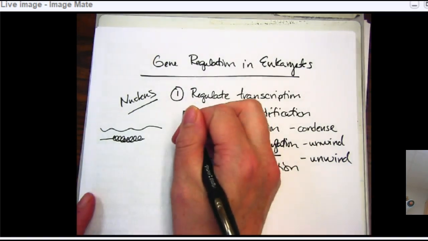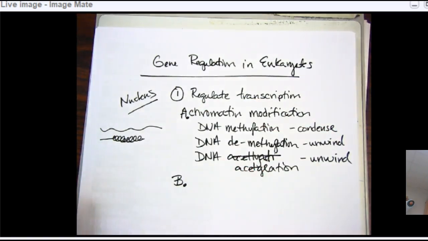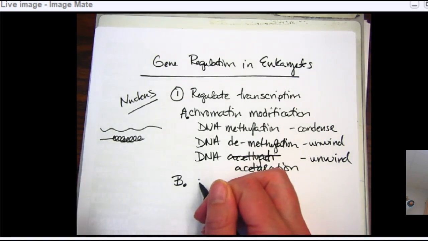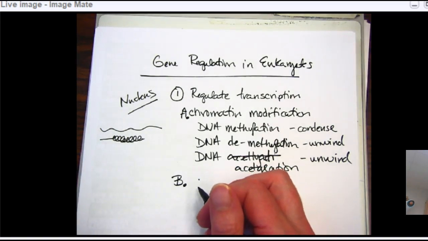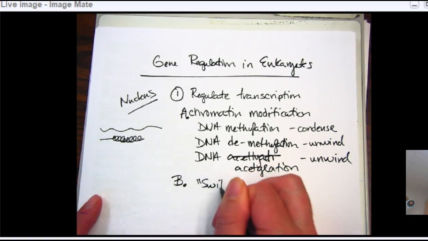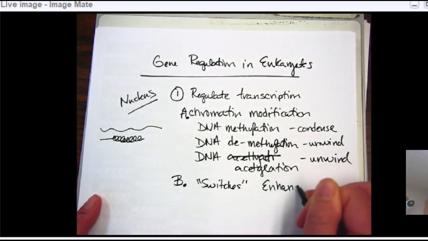The other way that we can regulate transcription is, when we talked about the stickleback fish, we talked about like the switches, or sometimes they're called enhancers.